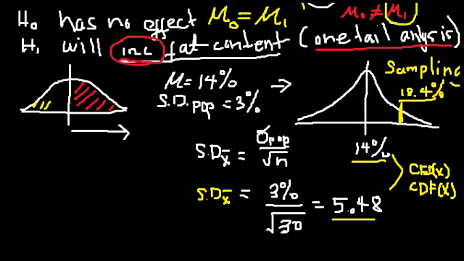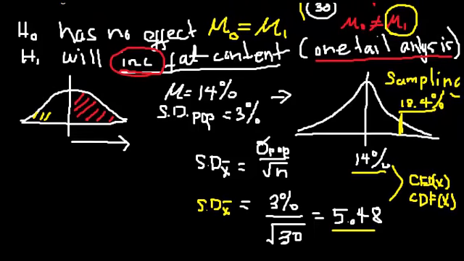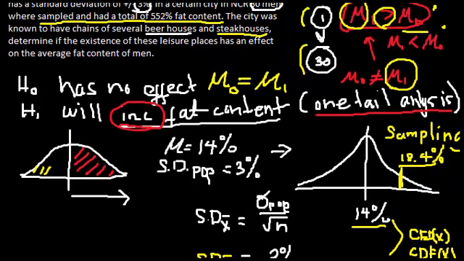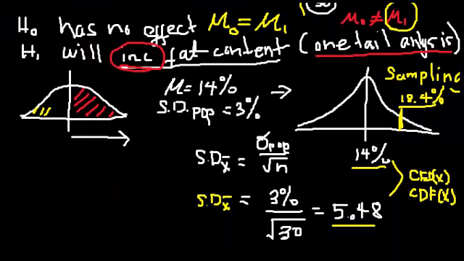Okay, so our next job now is to determine the probability of 18.4 happening. And since we said that the statistic, which is 18.4, is more than the mean, let's get the probability of 18.4 happening and values above it happening.